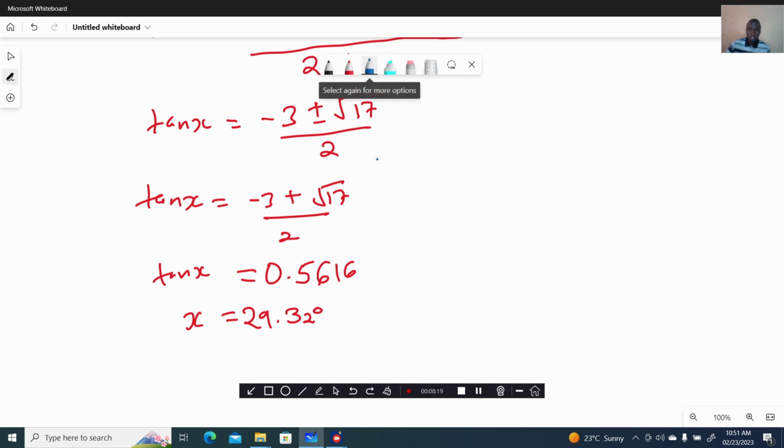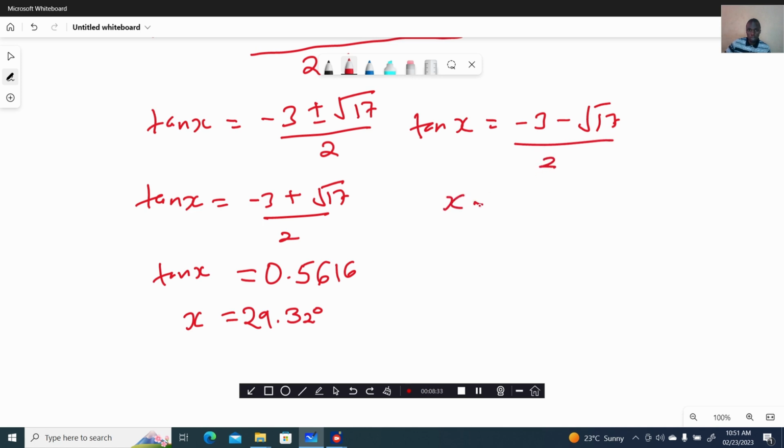So we can get the other value, and the other value is very simple. In this case, you will take tan x to be negative 3 minus the square root of 17 over 2, which is giving you negative 3.5616.